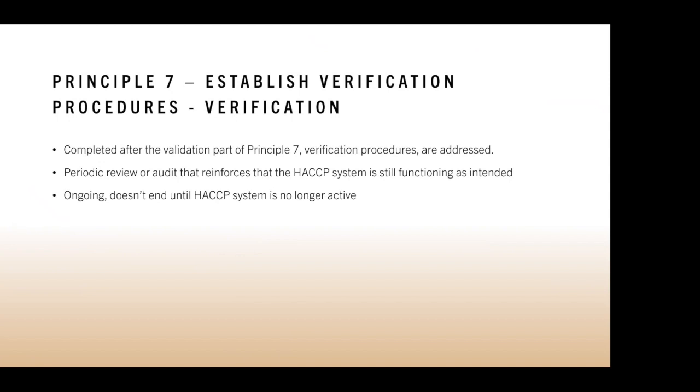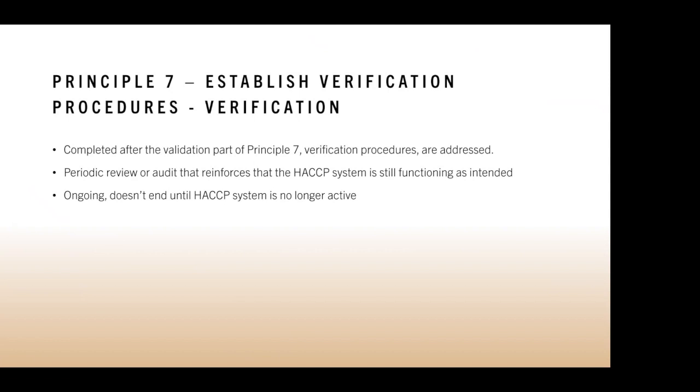The second part to Principle 7 is verification procedures. These steps are typically completed after the validation is completed. These verification procedures are a periodic review or audit that reinforces that the HACCP system is still functioning as intended. Some of the tasks that were completed in the validation section of Principle 7 may be completed to establish verification procedures, or there may be different tasks completed during verification procedures.